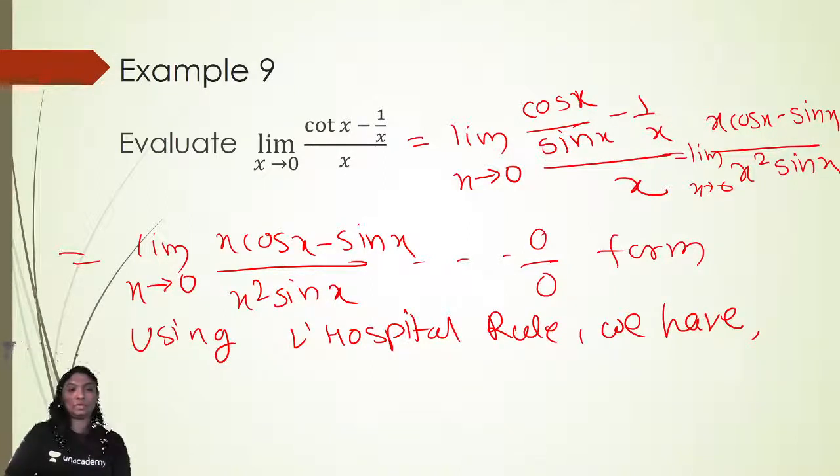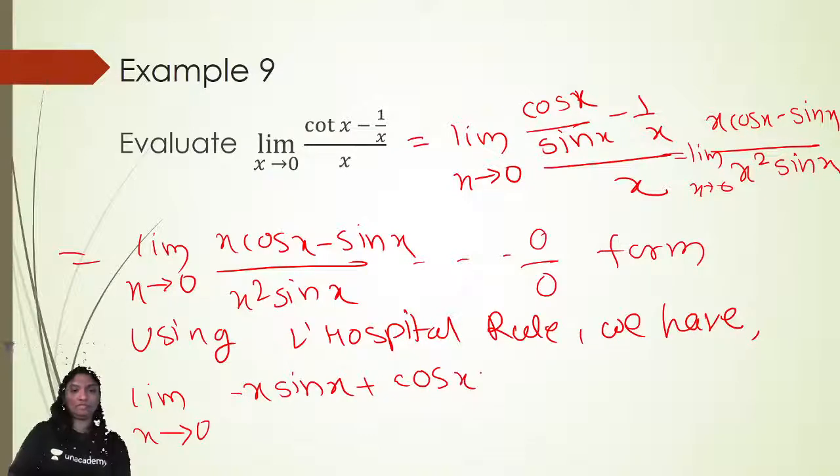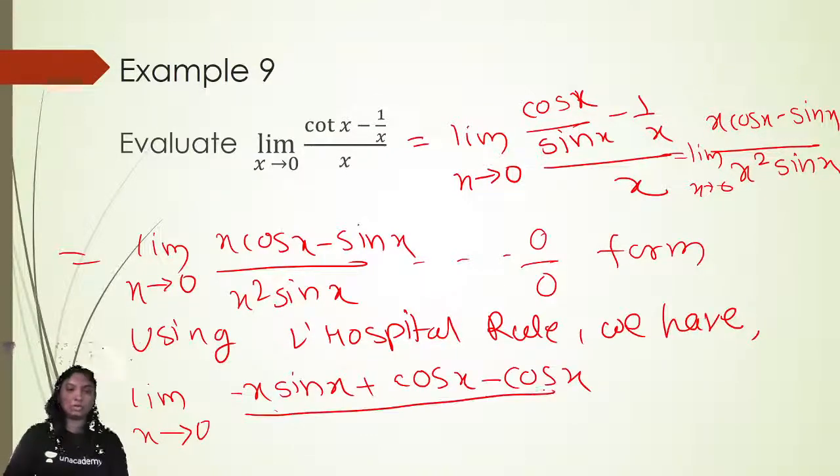We have the limit as x tends to 0 of first into derivative of second, that is minus sin x, plus second into derivative of first, that is 1, and minus cos x here, upon first into derivative of second plus second into derivative of first.